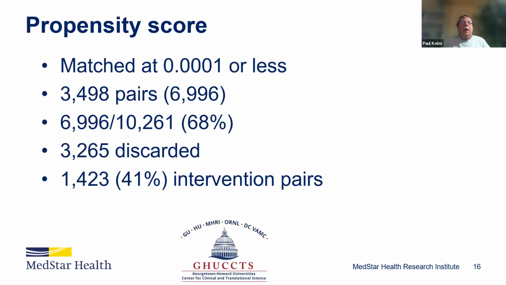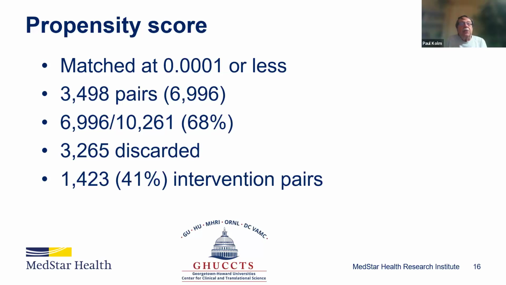Our criterion here is that we're going to match at 1/10,000th or less. In other words, the propensity score has to be within 0.0001 or less. It turns out that we have almost 3,500 pairs.